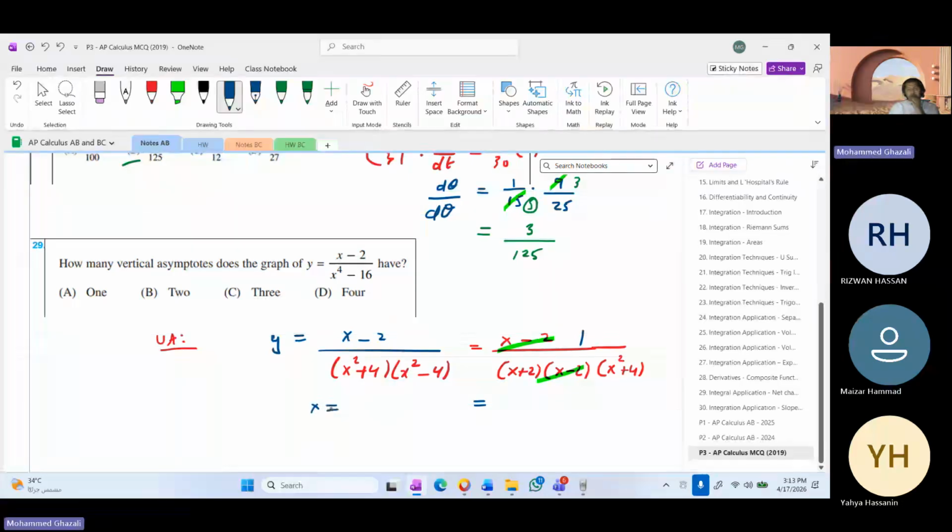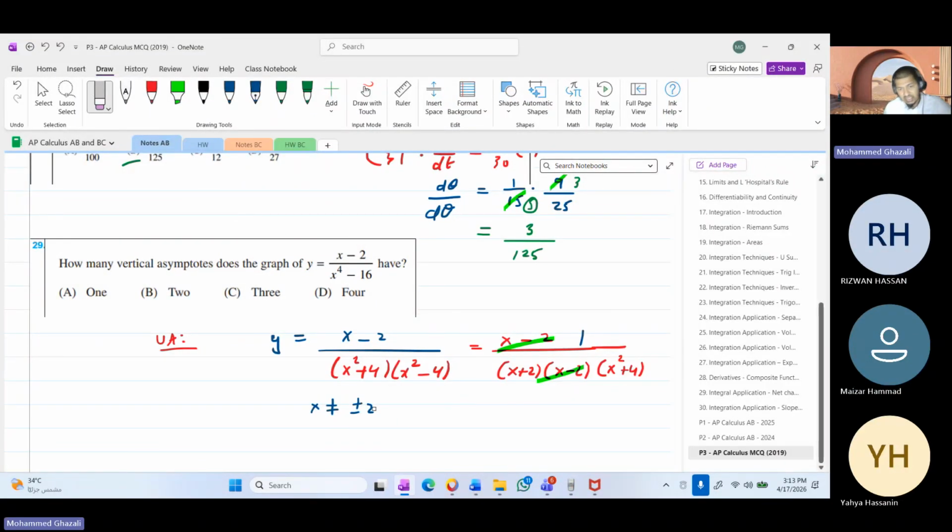But x cannot be equal to plus or minus 2. So there will be 2 vertical asymptotes? We cancel them out. No, wait. One second.